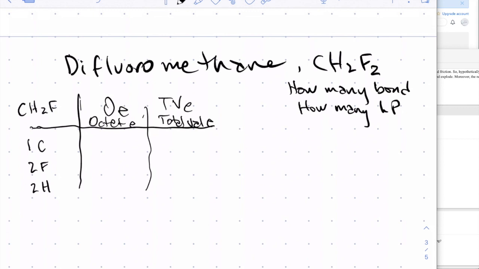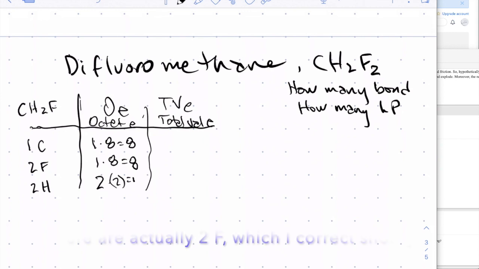And so carbon, that would be 8. So 1 times 8 equals 8. Fluorine, that also would be 8. So 1 times 8 equals 8. On the other hand, hydrogen is satisfied with 2. It's called the duet rule. So we say there's 2 hydrogens times 2, and that's 4.